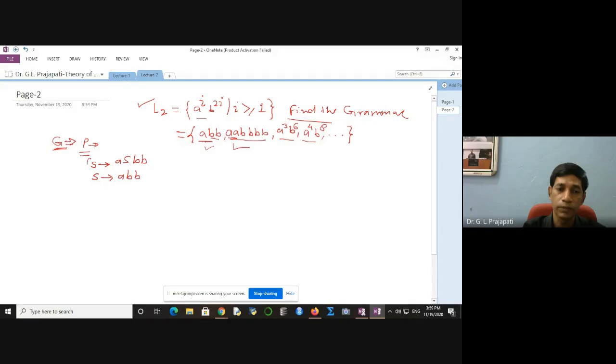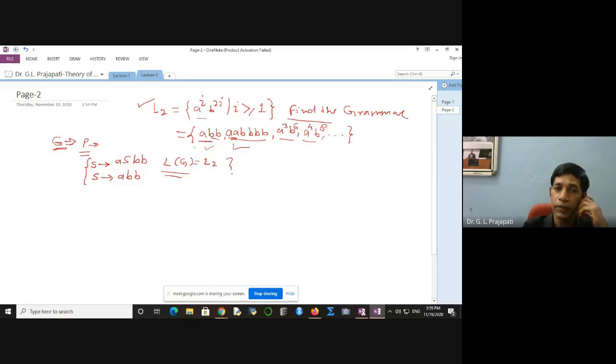That's all. There are two rules in this grammar. And how can you verify that the language generated by the grammar G is precisely L2? How can you verify?